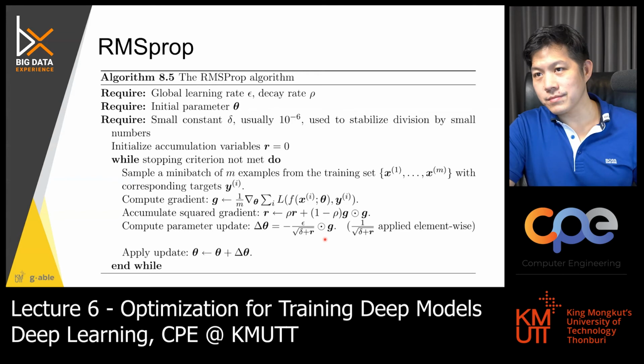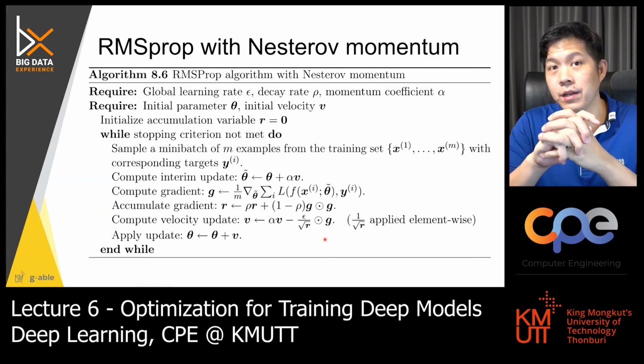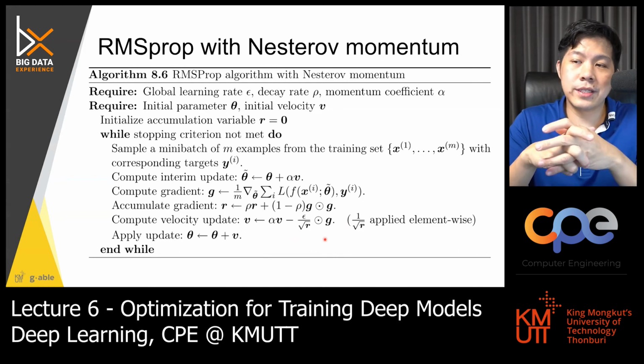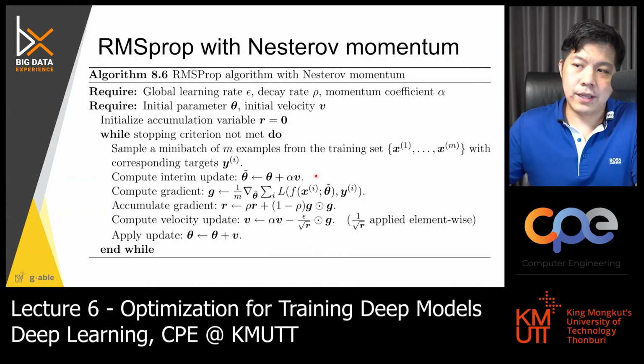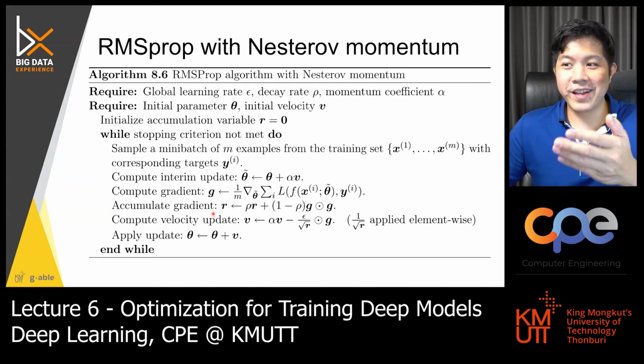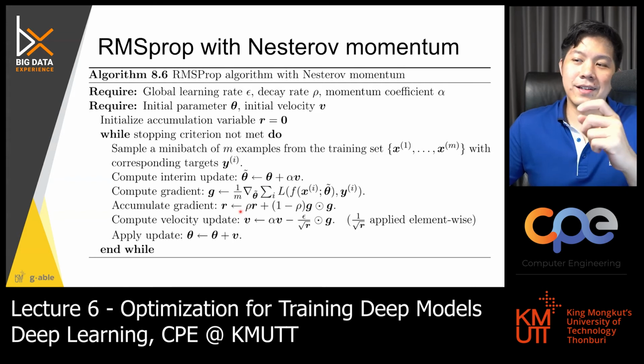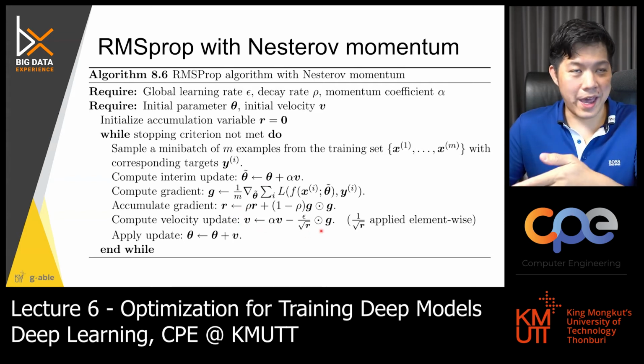Okay. RMSProp also has this Nesterov momentum, which, as you know, just needs an interim update, and everything else is the same. Okay, you have the interim update and then calculate the gradient based on that, accumulate the gradient first from the next step, and then use it to scale.